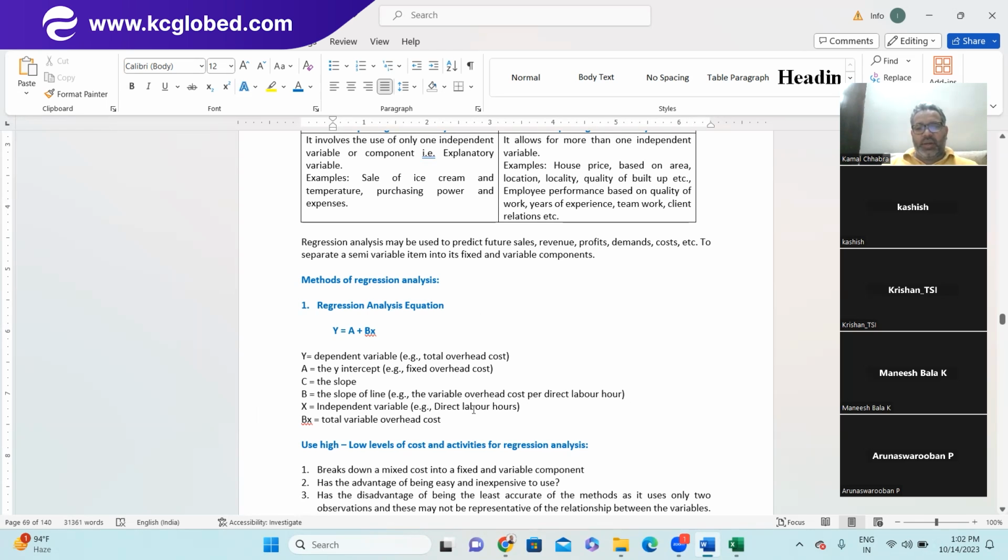And x is the independent variable, that is direct labor hours. Bx is the total variable overhead cost. So y is the total cost: total cost of the dependent equals fixed cost plus variable cost, and variable cost is dependent on the independent component. So this is the formula, y equals a plus bx.